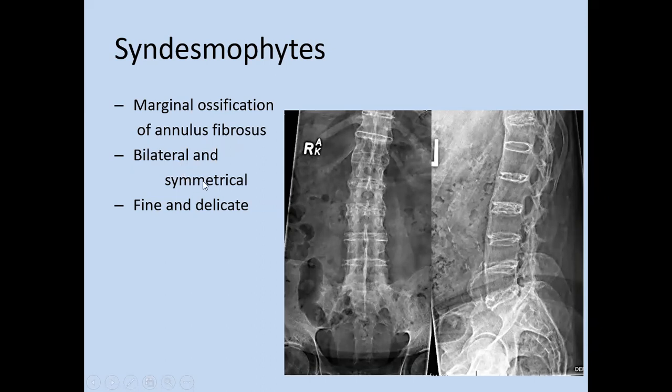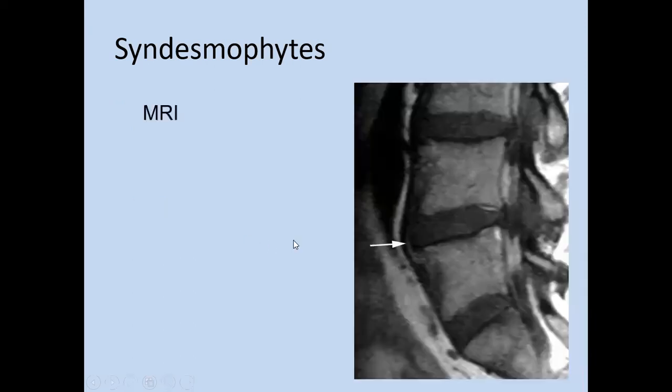These syndesmophytes are symmetric, and this is a very important thing here, because that distinguishes ankylosing spondylitis from psoriasis and Reiter's. These are symmetric because of the annulus fibrosus involvement in ankylosing spondylitis. Syndesmophytes can also be detected on MRI. You can see these projections.